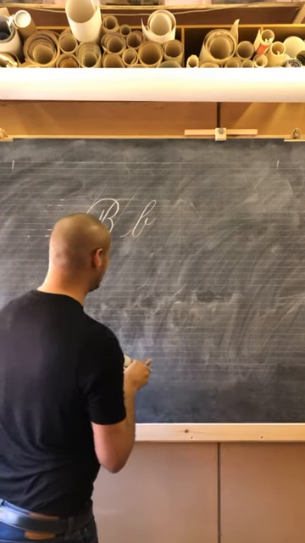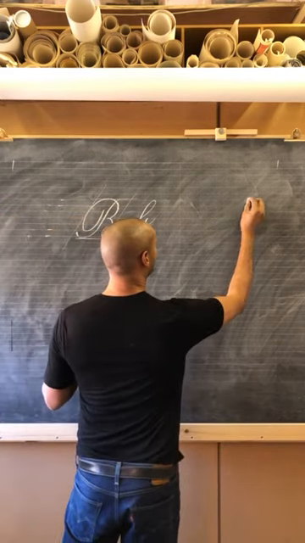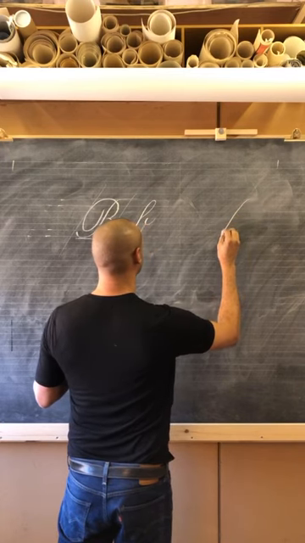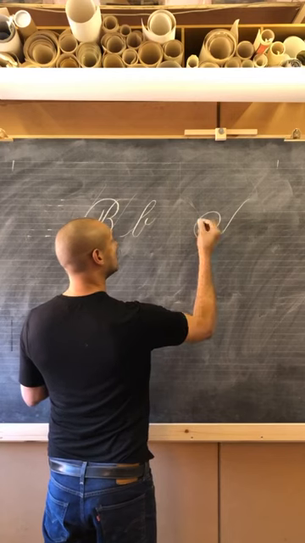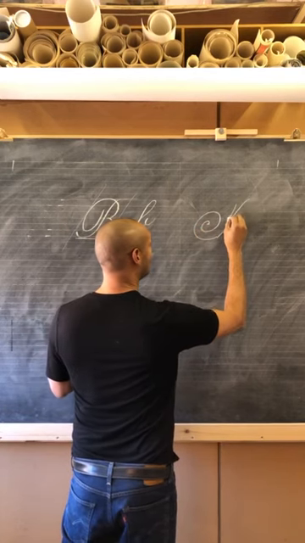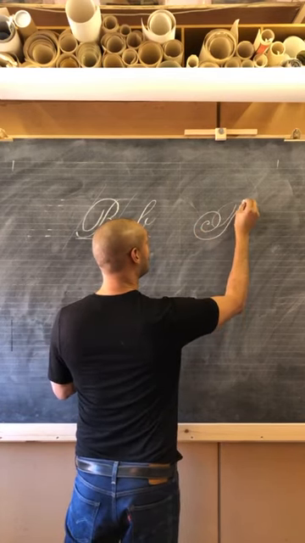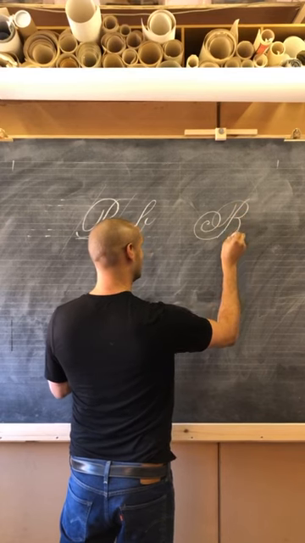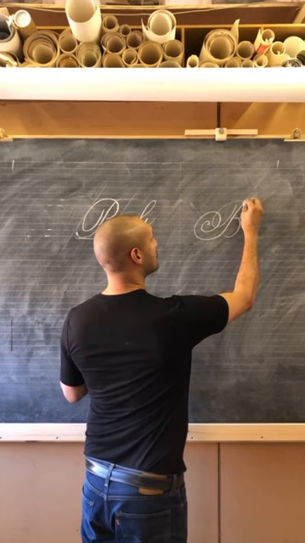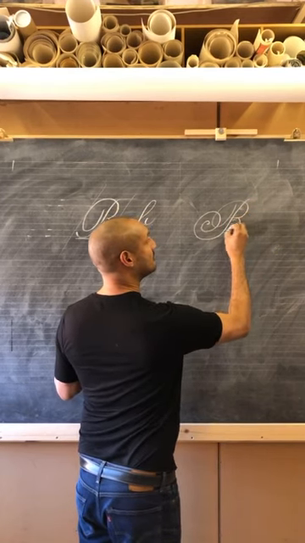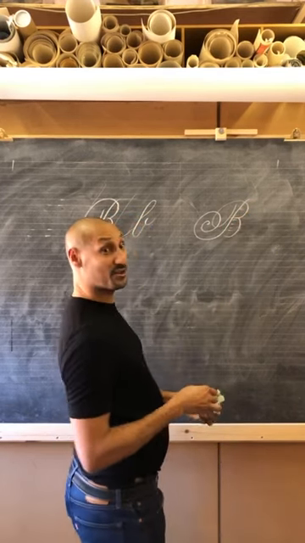And so the B can do this as well. Line of universal beauty, curl, come down and up and back and down. Notice how this looks smaller than the bottom, because it is a little smaller.